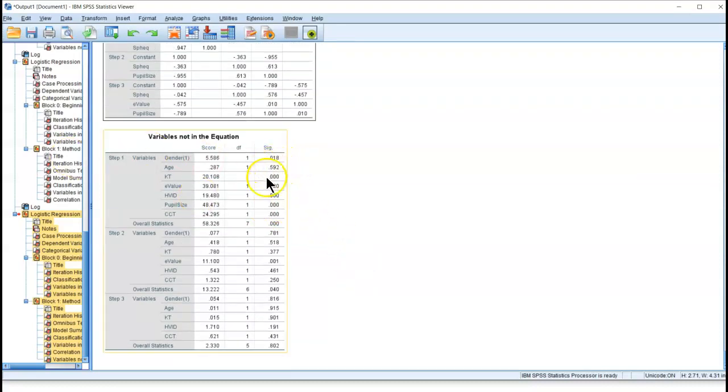Looking at the variables not in the equation, you can see that these were all significant after you took out spherical equivalent. You still had a lot of significance. Gender even did a little better. But then when you took out the next one, which was pupil size, it knocked out everybody from significance except for eccentricity, which was added in on the 3rd step, and now no one left behind can contribute significantly.